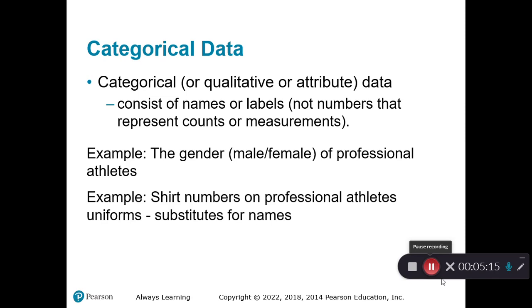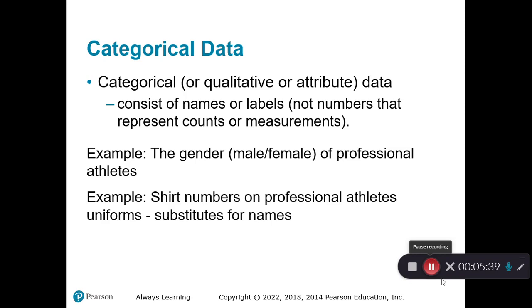So examples, of course, gender, male versus female, that's not numerical, that is clearly categorical, but also shirt numbers on the jerseys would be considered categorical because those numbers aren't representing counts and those shirt numbers are not representing measurements.